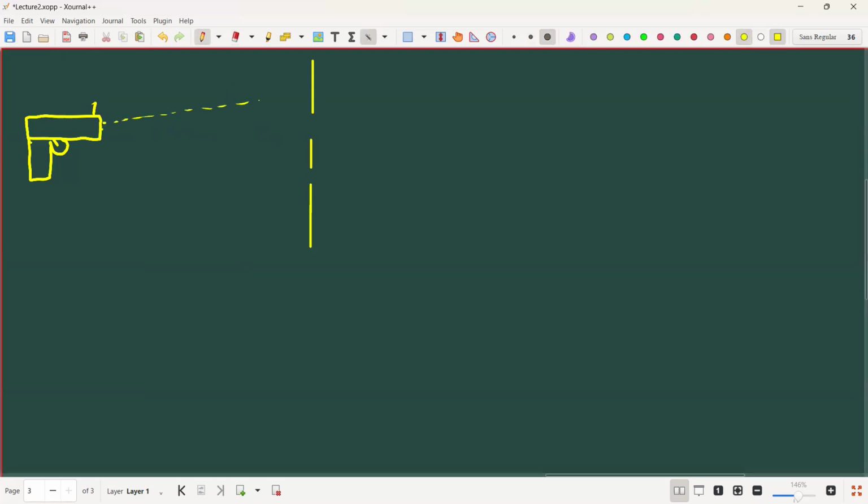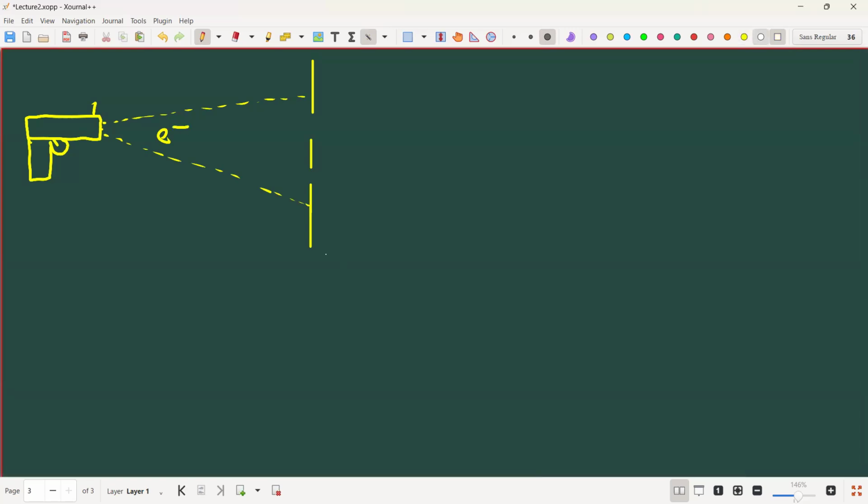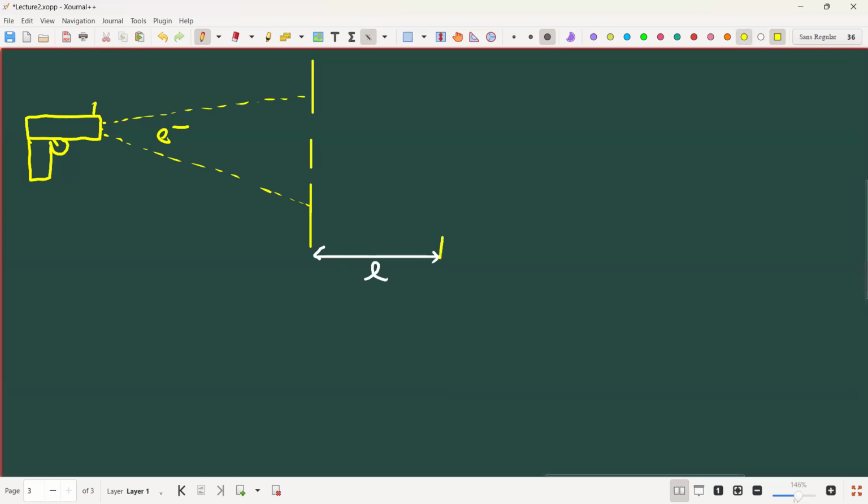So let's say the electrons, on average, distribute out like this. And they propagate some distance, let's just call it L. And then they hit a screen. Right, this is our detector.